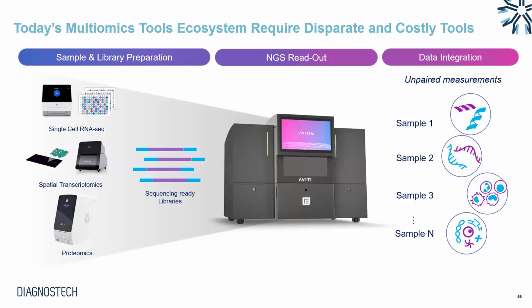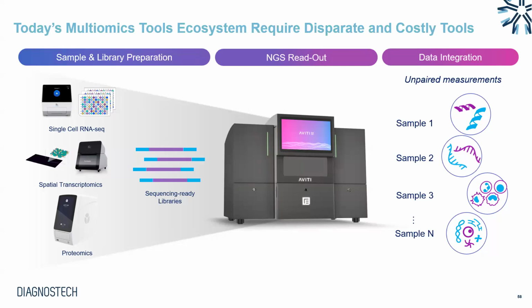Just touching on the multi-omic aspect, over the last 20 years, next generation sequencing has catalyzed an entire ecosystem of multi-omic tools, from bulk RNA-seq and single-cell RNA-seq to proteomics. And often these methods barcode different analytes, so DNA, RNA, protein.